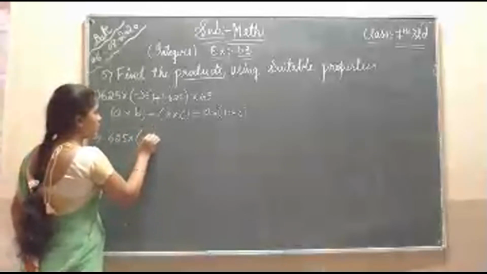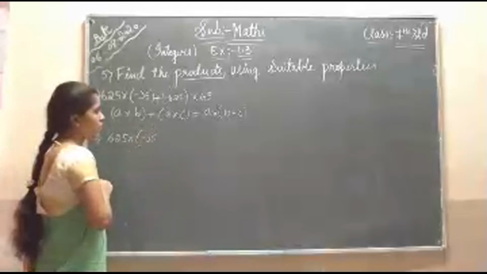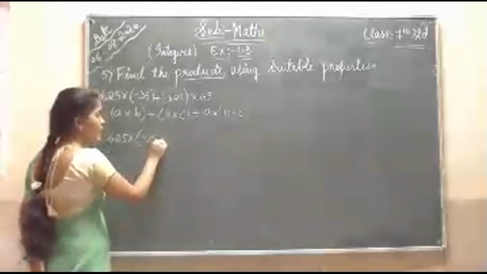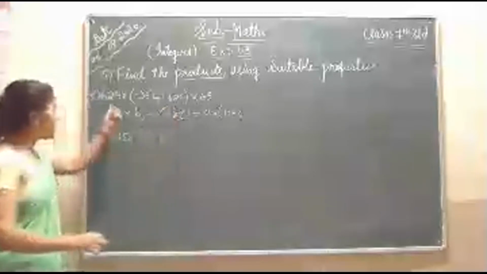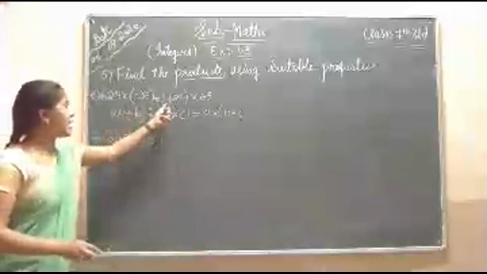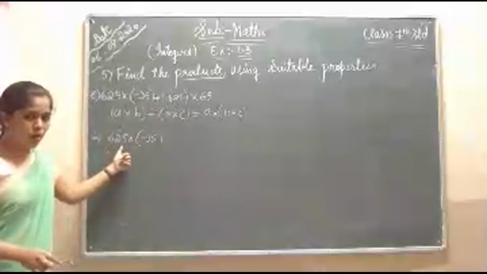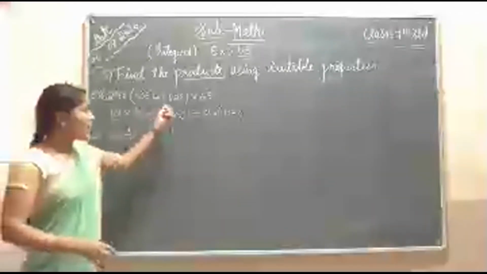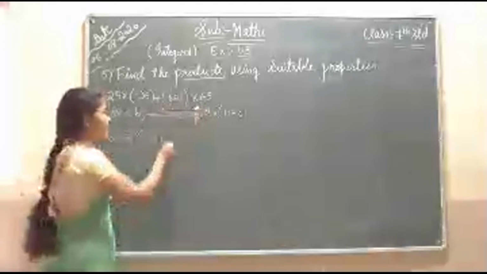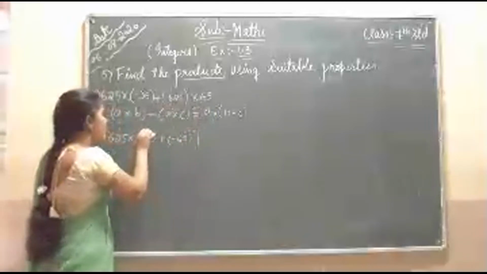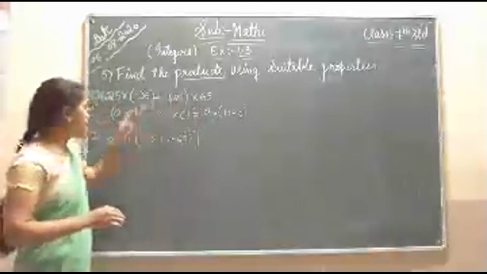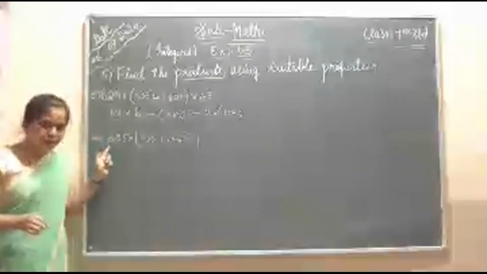Minus 35. Okay. Here plus. Now we are taking 625 as common from these two numbers. Here remaining is minus 65, because here there is a minus sign but we took 625 as plus.